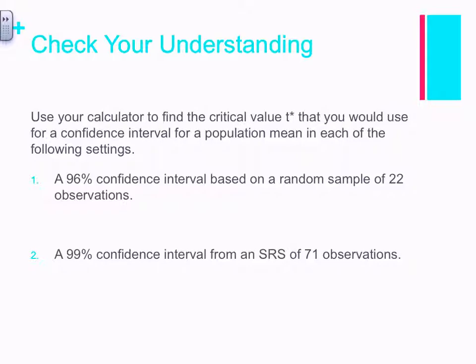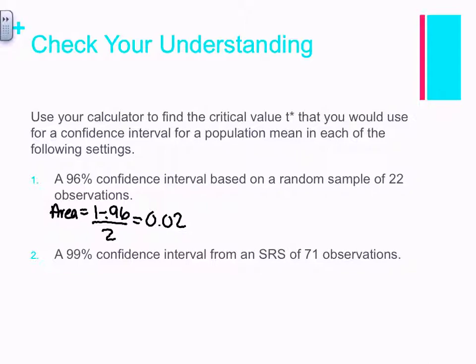So let's suppose that we have to find our critical value T when we're doing a 96% confidence interval based on a random sample of 22 observations. In order for us to do that, I need to know the area that I'm talking about. So 1 minus 0.96 over 2, the area under the curve here is 0.02.